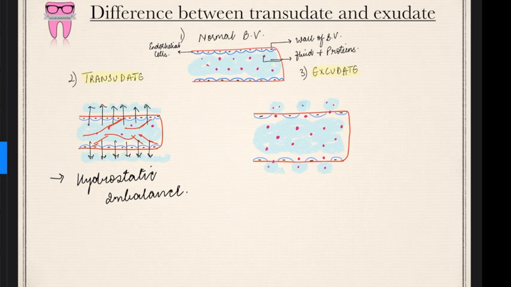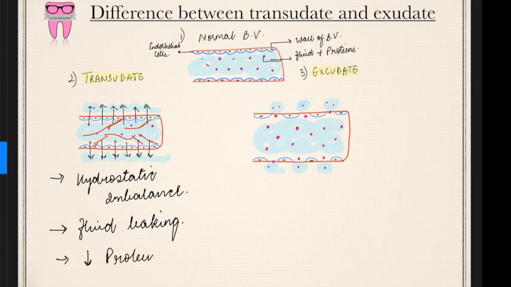There is no change in the size of the capillaries, nor do the endothelial cells separate from each other. Hence, we only have the fluid leaking. And since no other blood components like protein come out, there is decreased protein content.